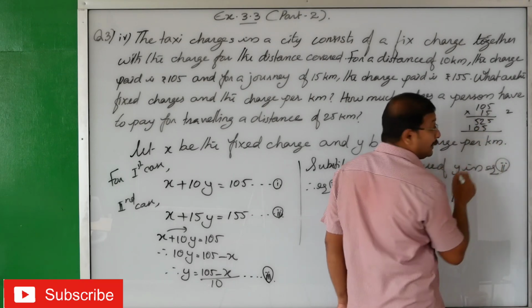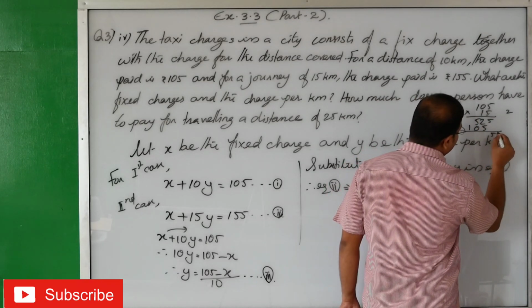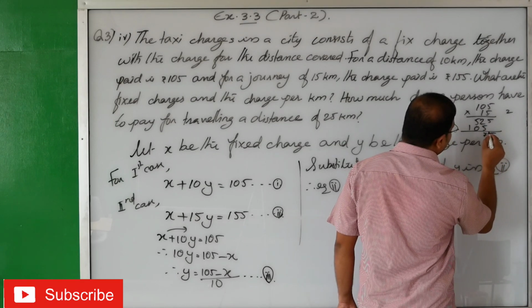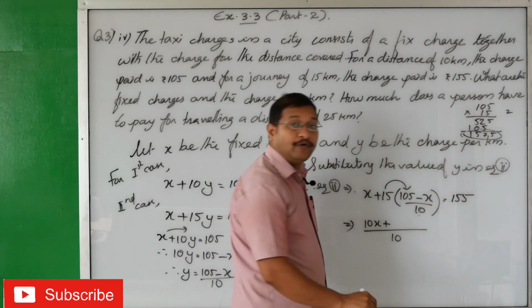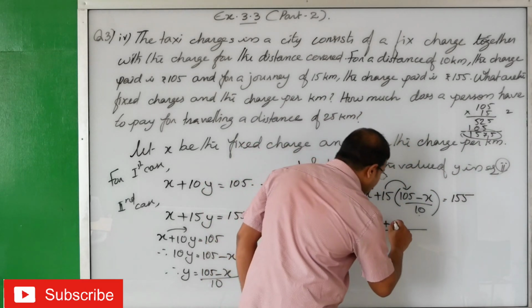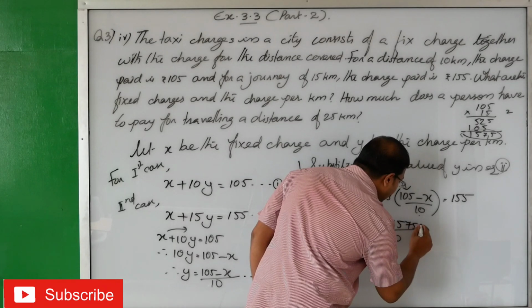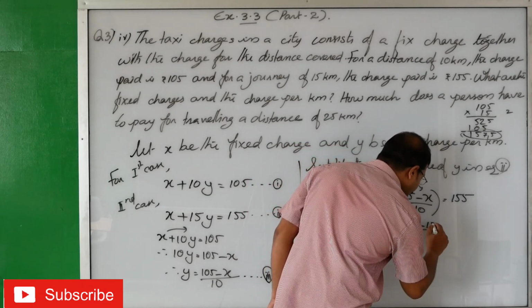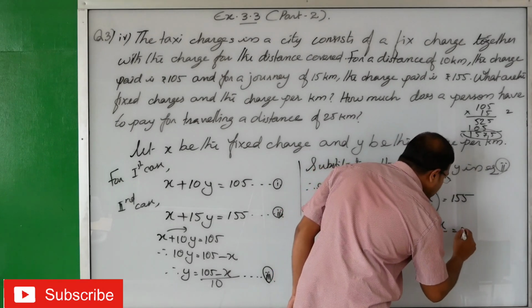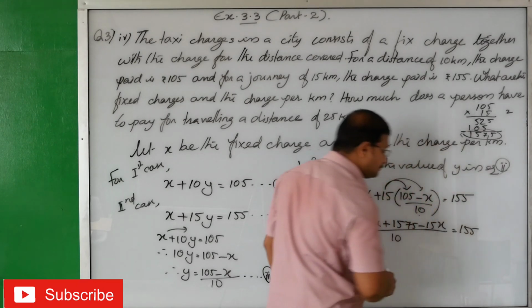So we'll get, now we'll add it, isn't it? So 5, 2 plus 5, 7. 5 plus 0, 5 and 1. So the answer is 1575. So we'll get 1575 minus 15 into X. That is minus 15X equals 155.